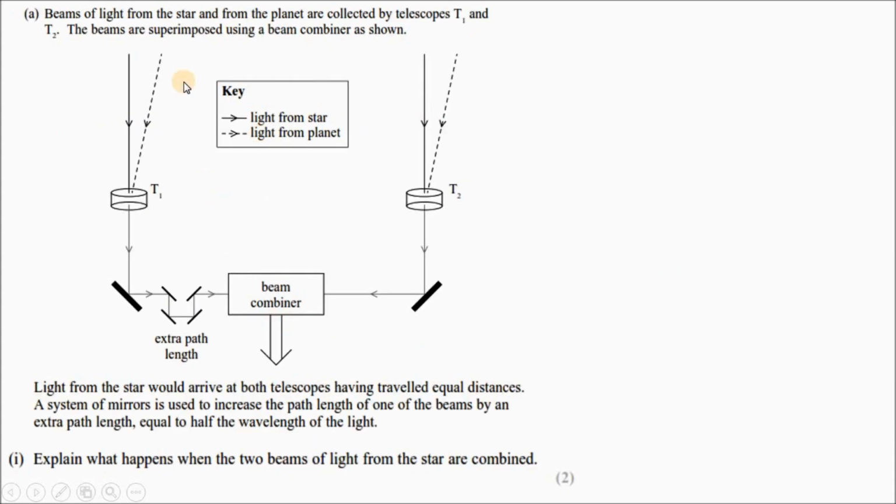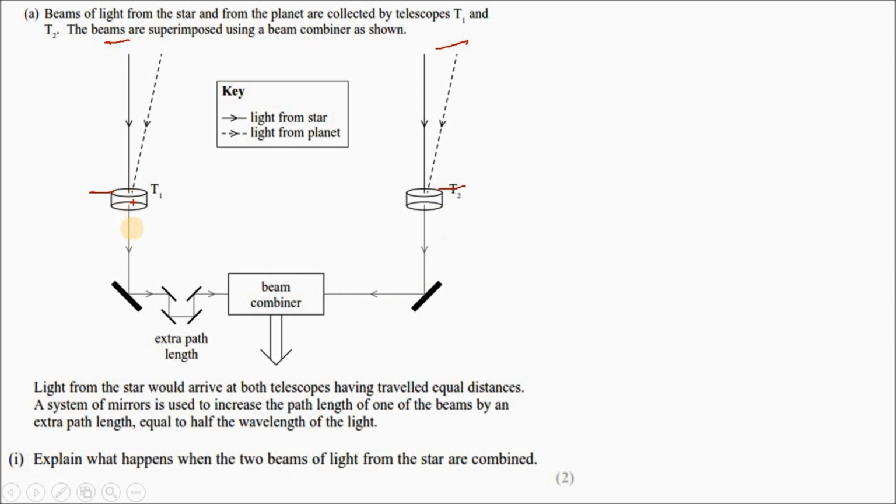So same diagram. Now light from the star would arrive at both telescopes having traveled equal distance. A system of mirrors is used to increase the path length of one of the beams by an extra path length equal to half of the wavelength of the light. Now if you see the diagram carefully, from the star these distances are equal, and then these rays go inside and into the combiner.